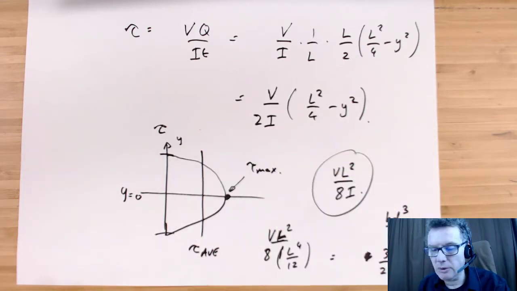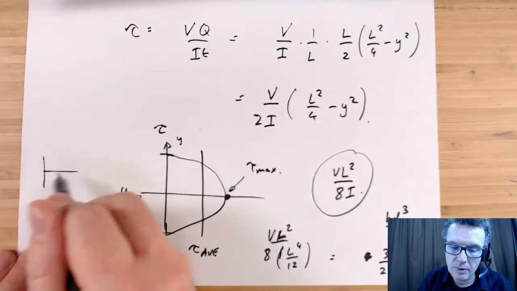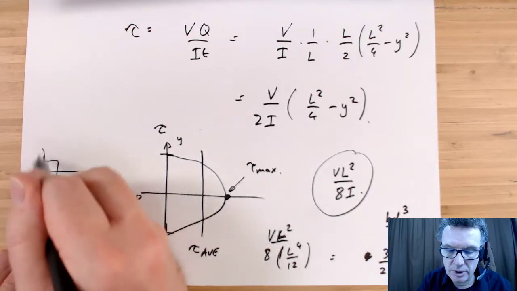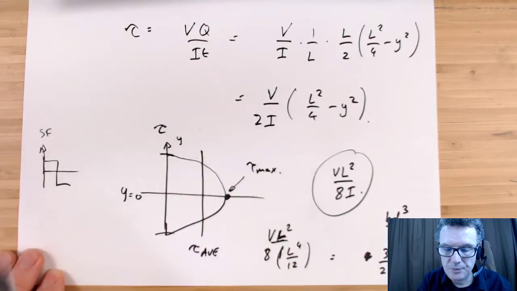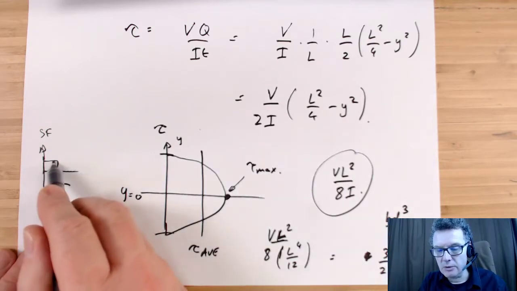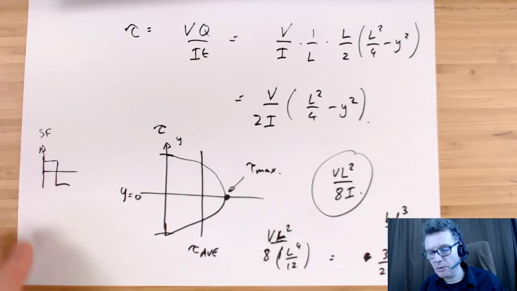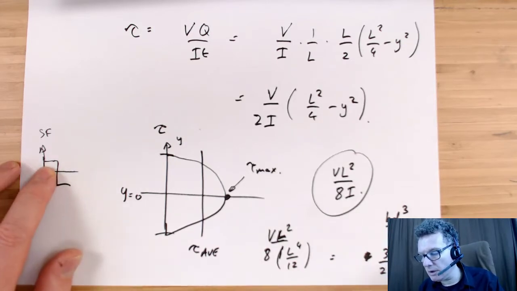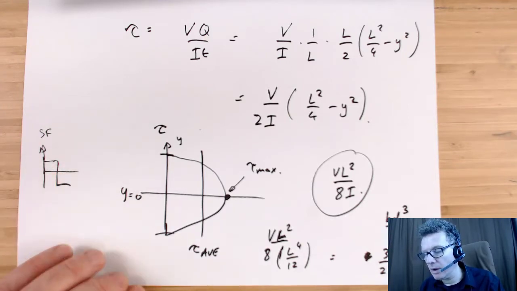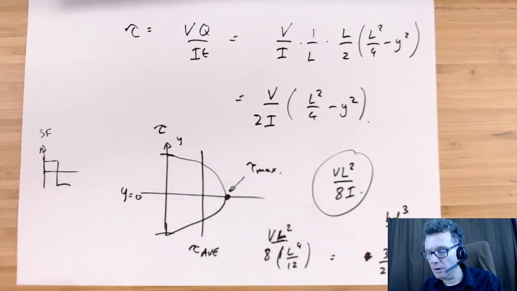If we were just doing a simple beam and we had a shear force diagram like this, the V that I would be using would be this force here, and I would divide it by the area of my beam, and I would therefore tell you the shear is going to be V divided by L squared.